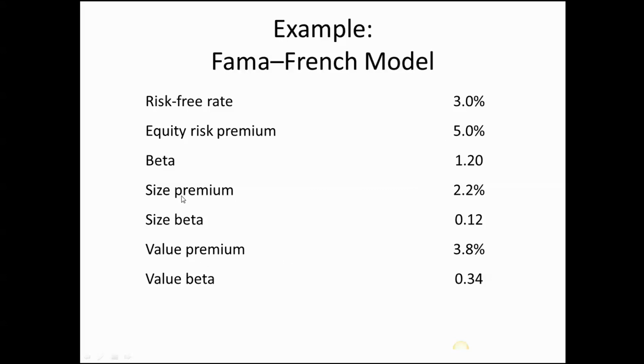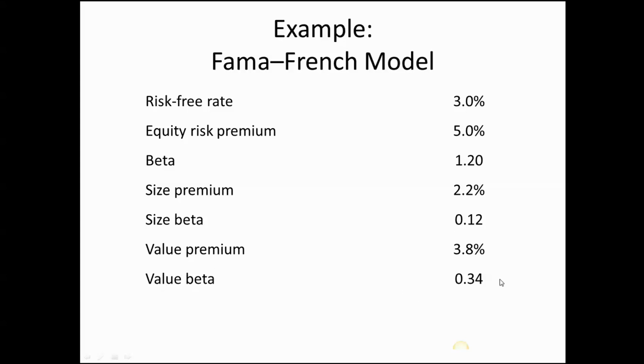So the size premium would be 2.2%, and the size beta, the sensitivity of this individual stock to the size premium or the size risk, of 0.12, a value premium of 3.8, and again think of that as that risk premium that we often use for the capital asset pricing model, and then a value beta.